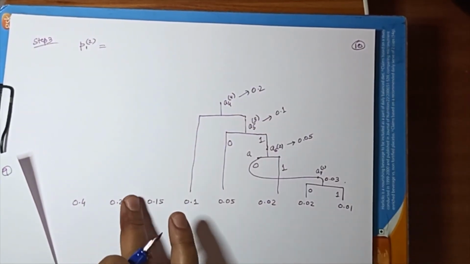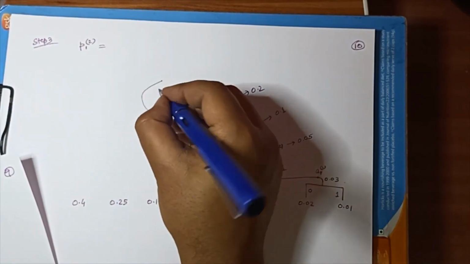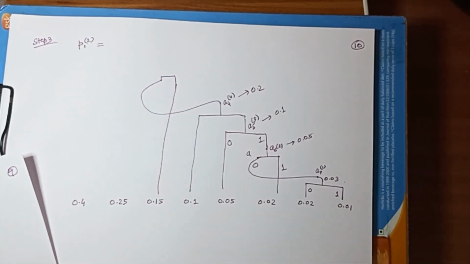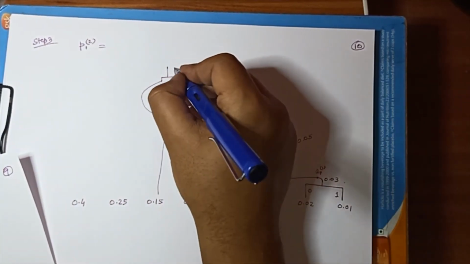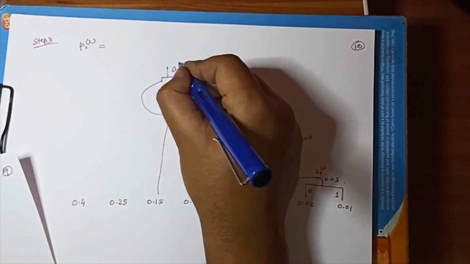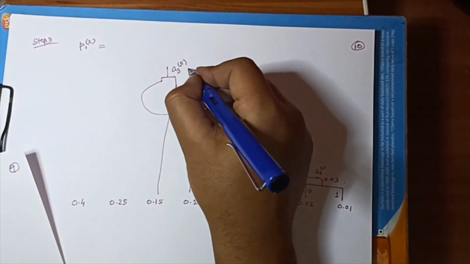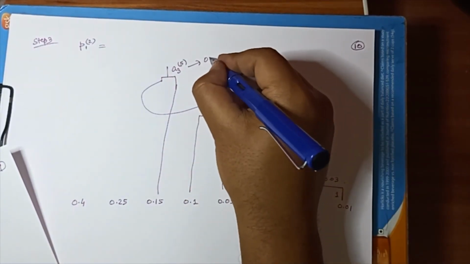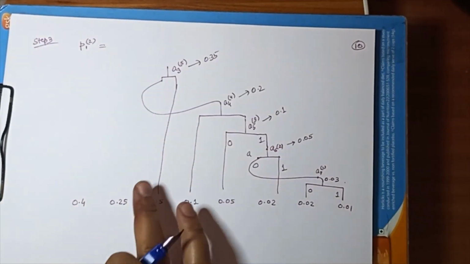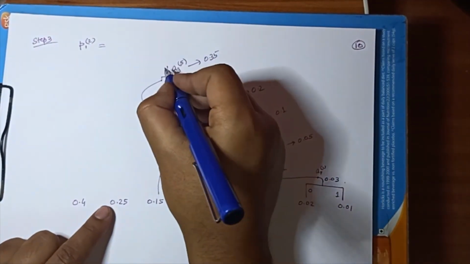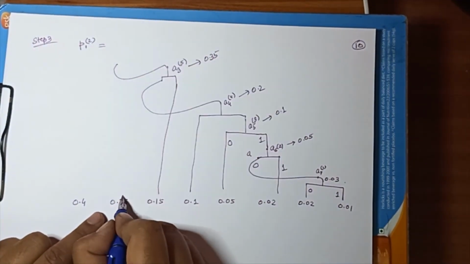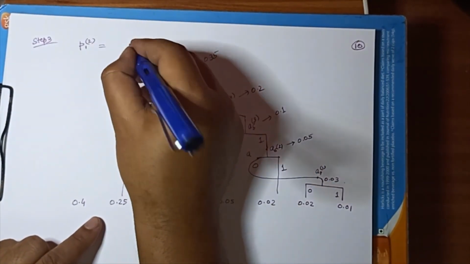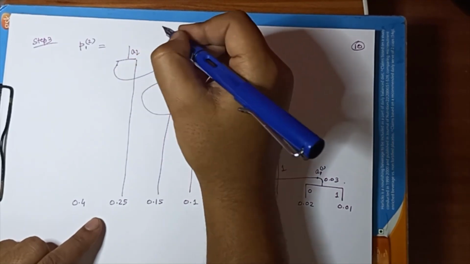That 0.2 will come prior to this, so this will come from this side. So these two will combine, and these two will combine to give you A3, say 5. This is the 5th step, and it will have the probability 0.2 and 0.15. That is 0.35. So 0.35 will come prior to this. So this will come this side, and they two will be combined to give you the next symbol, which is A26.